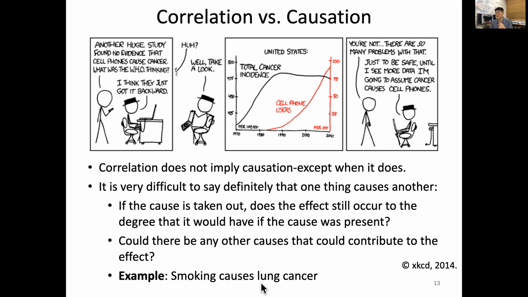In this case, smoking, let's say, causes lung cancer, but it's possible that this is by chance. Maybe over time there are other things, such as environmental effects, causing the lung cancer increase. So we have to be very careful to say A causes B, which is causation. That's why people value very rigorous research in revealing and proving causality.